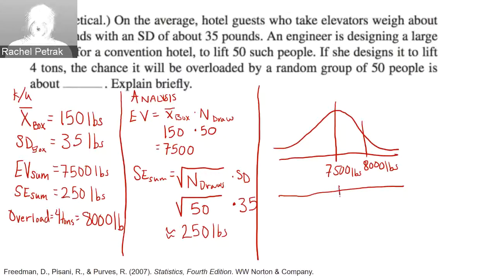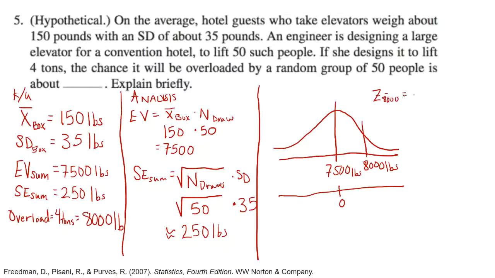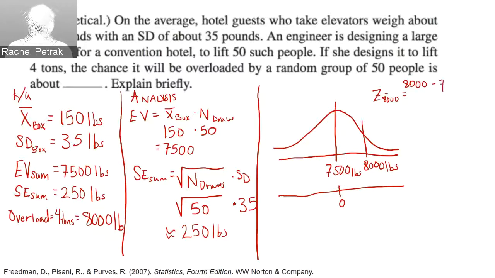So we already know the standard units for the expected value are 0, and the standard units for 8,000 are equal to that observation minus the expected value divided by the standard error.